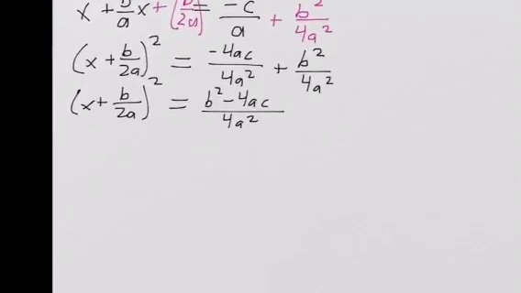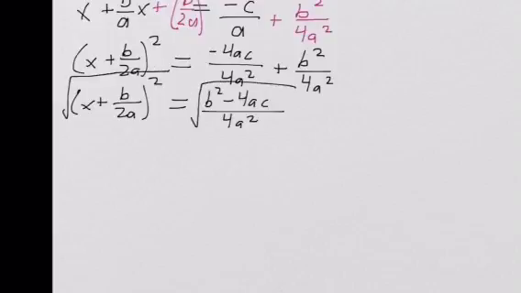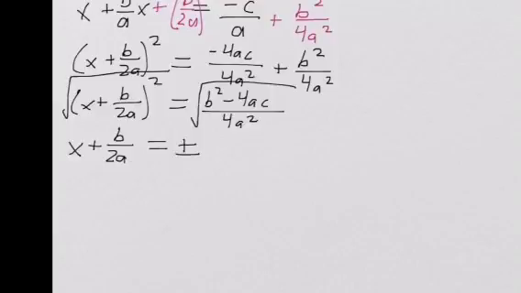And now let's take the square root of both sides. So I end up getting x plus b over 2a equals, I need plus or minus here to account for both possible square roots. Numerator I can't do anything with, so it's going to be b squared minus 4ac underneath the square root. The denominator, however, I can take that square root.